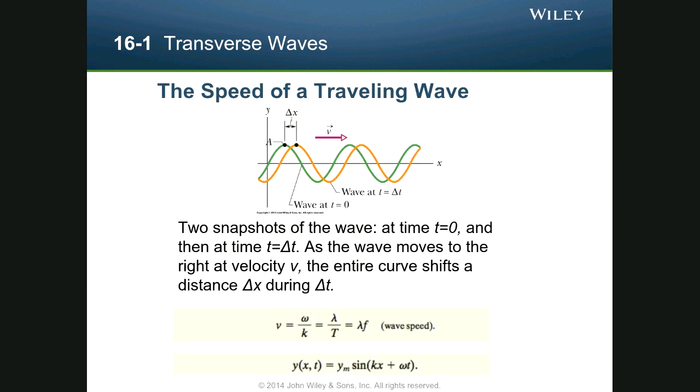a product of the wavelength and the frequency, where of course the wavelength is the peak-to-peak distance of the wave. Okay? So the period would be the same thing if this x were t. Let's draw it real quick.